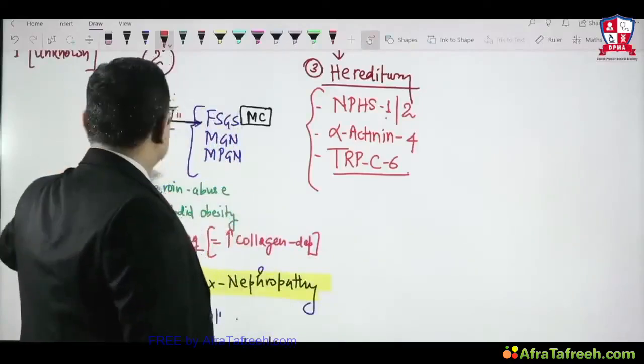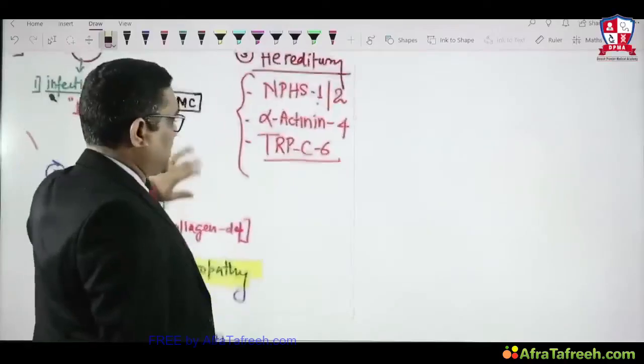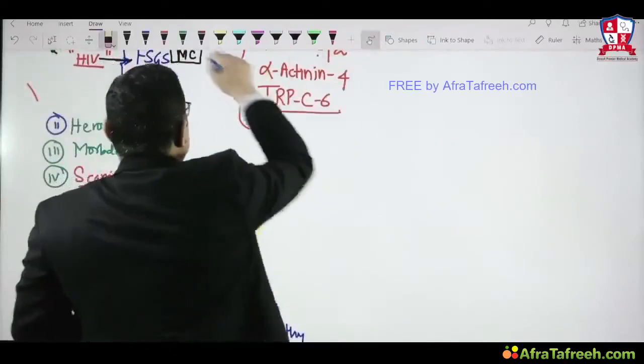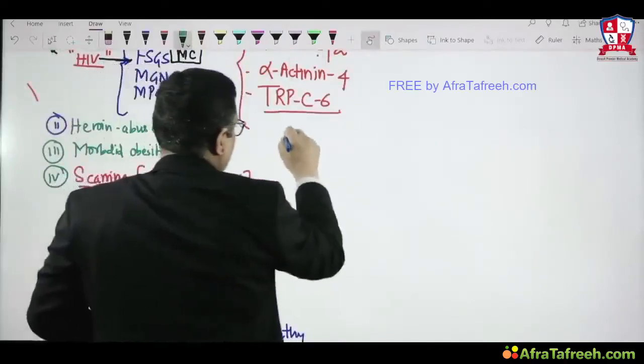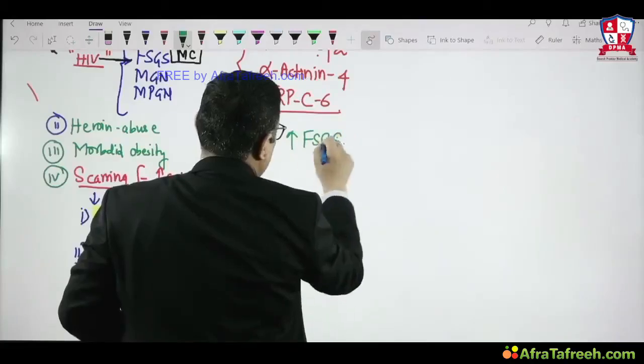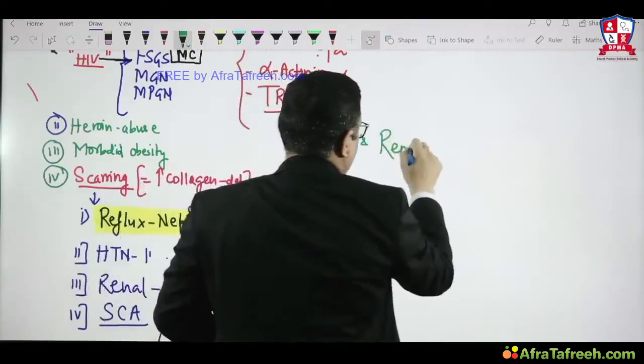Here I would like to tell you one important thing which the examiner may ask in a future exam, right? In nephrotic syndrome, because of the FSGS, there is increased risk of FSGS and renal failure.